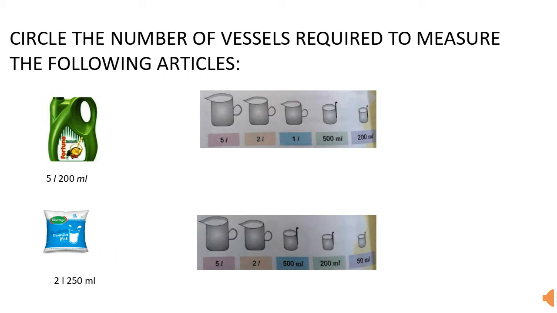So for 5 liter the container is already given, you can very well use it, and a 200 milliliter container is also given. So those two containers, when you use them, you can measure 5 liter 200 milliliters. Fine. Now see the second question and try to do it on your own.